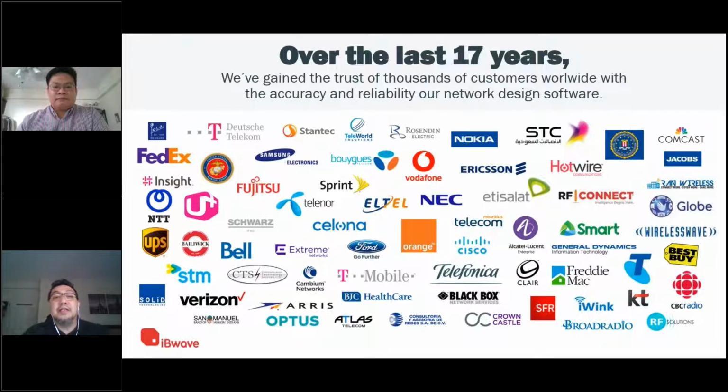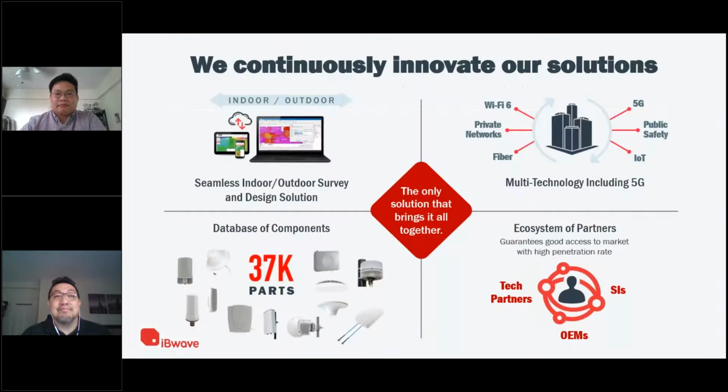This is a quick view of the list of customers that we have, ranging from mobile network operators and huge enterprise companies to vendors, systems integrators, and what have you. ibwave continuously innovates our solutions.